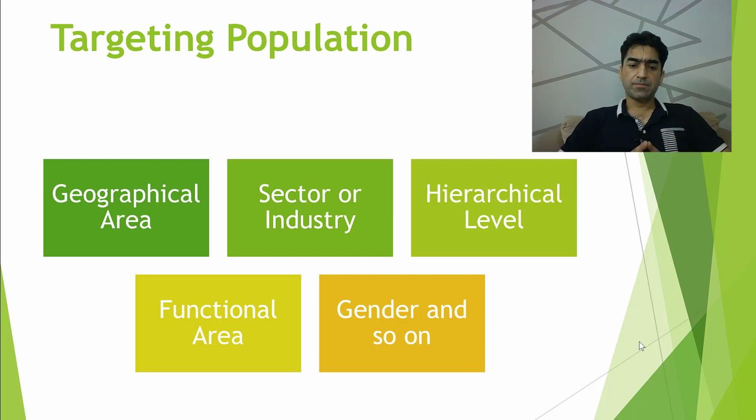It can be another criterion, or limiting the population can be in terms of the functional area. Are you going to just collect data from the marketing department, the finance department, the HR department, or all departments? Some topics are more gender specific.